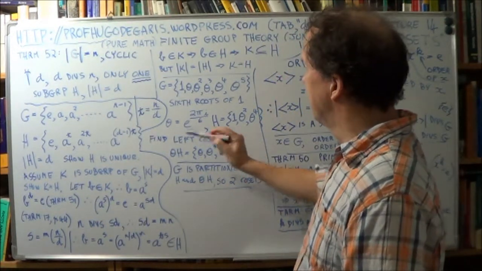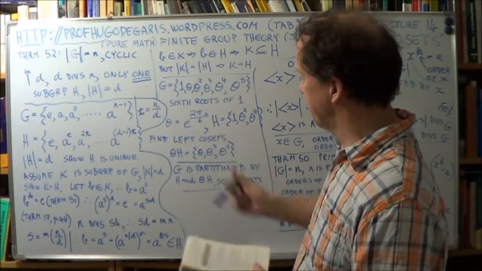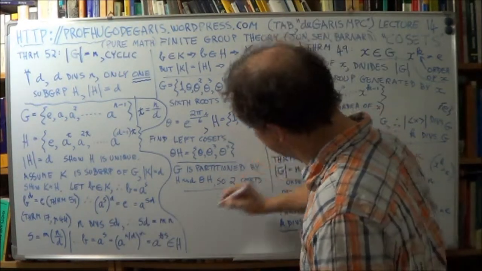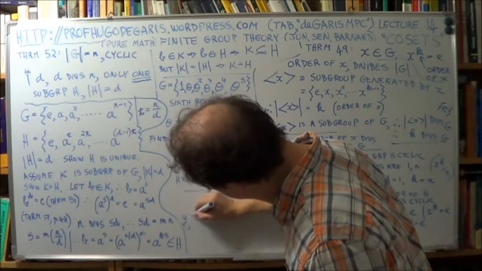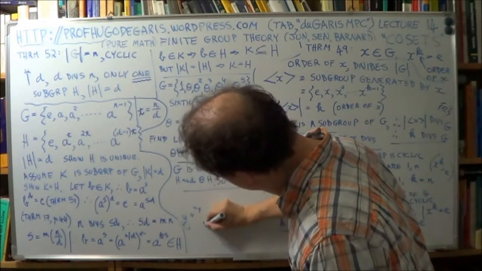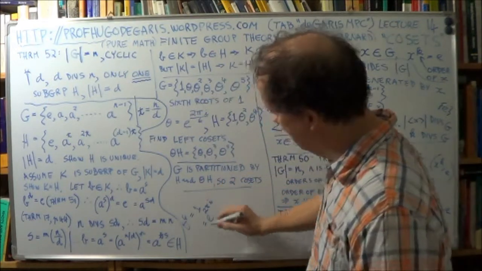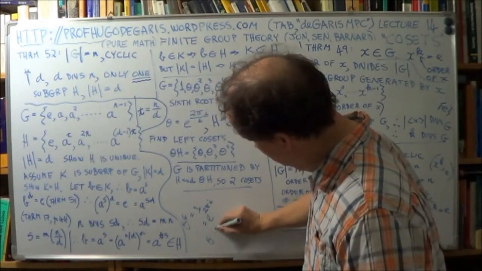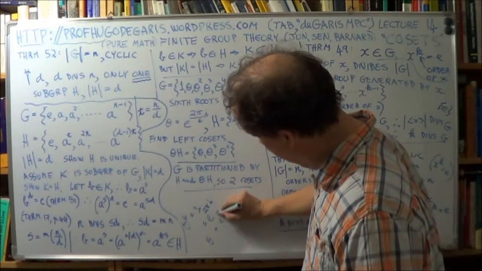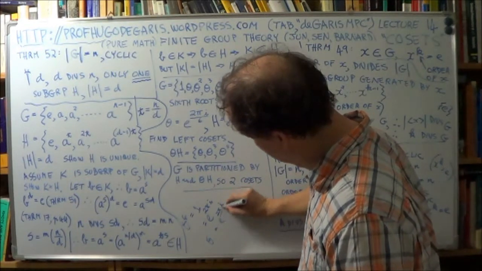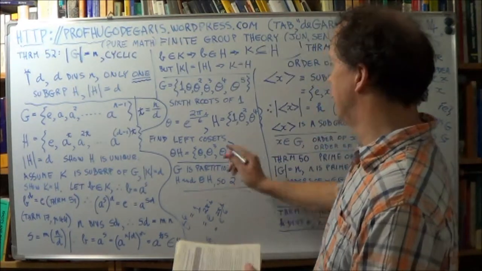In other words, if something to the 6th equals 1, which is the same thing as e to the 2 pi i, then theta would be e to the 2 pi i divided by 6.